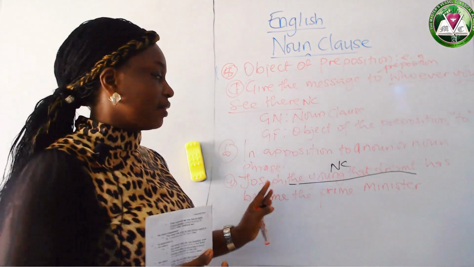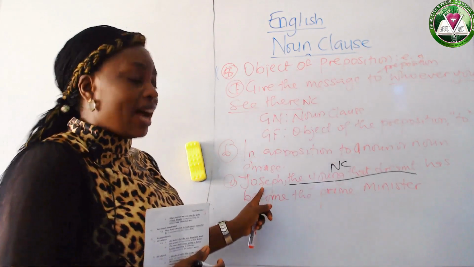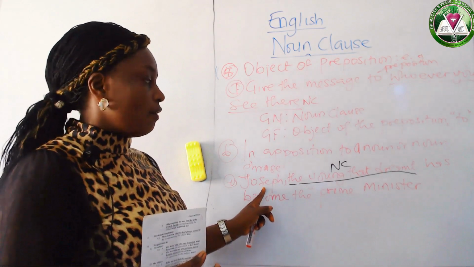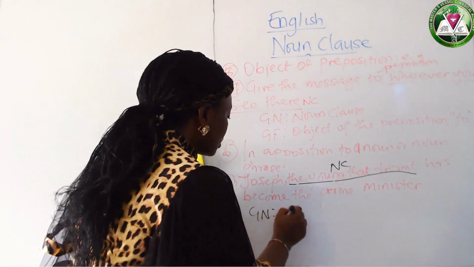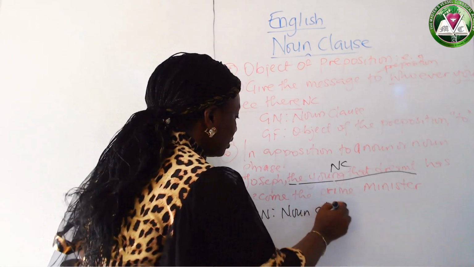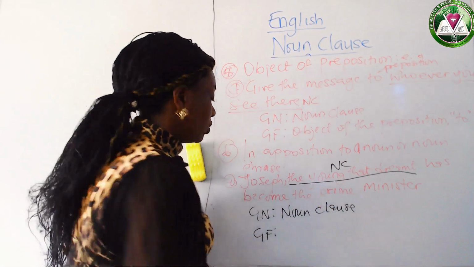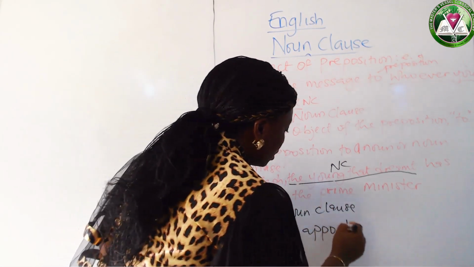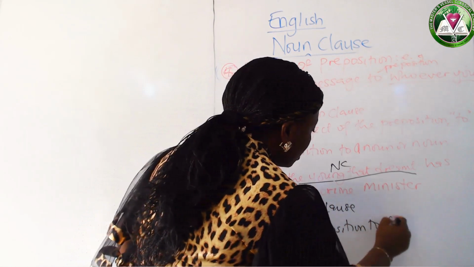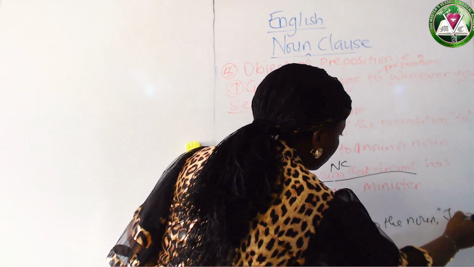No, we are saying a different thing here. The noun clause is in opposition to a noun or a noun phrase. So when you are stating the grammatical function, you say in opposition to the noun, which is Joseph.